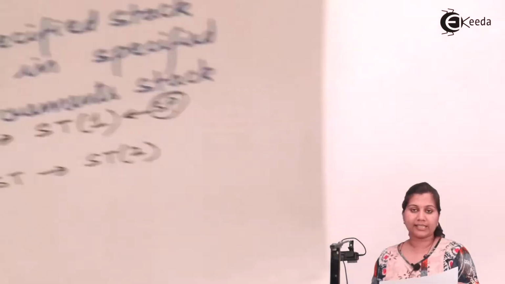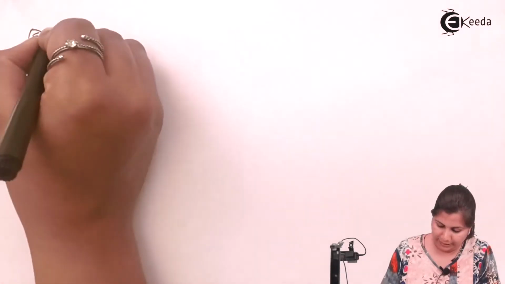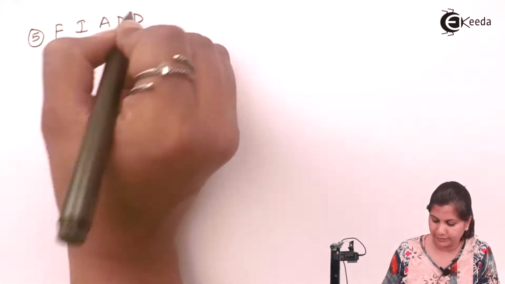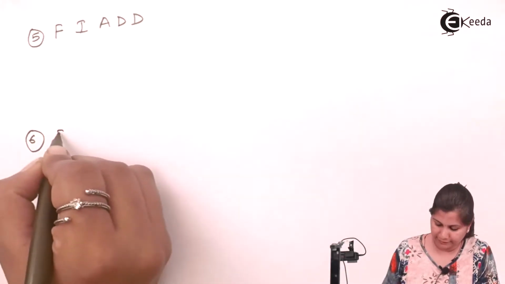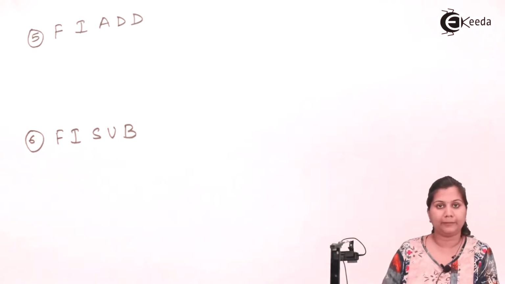Now, these instructions which we have studied up till now are dealing with the real numbers. Now, for the integer values, there are two instructions, one for addition, one for subtraction of the integer numbers. They are FIADD and FISUB.